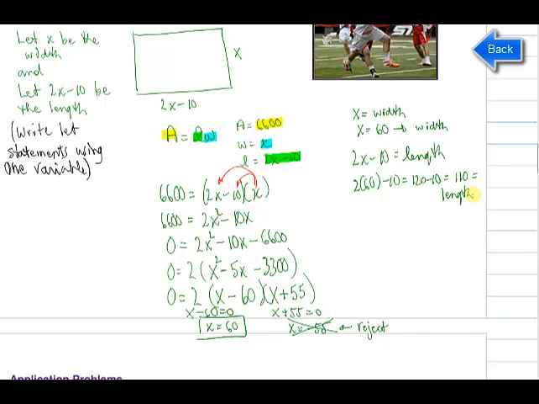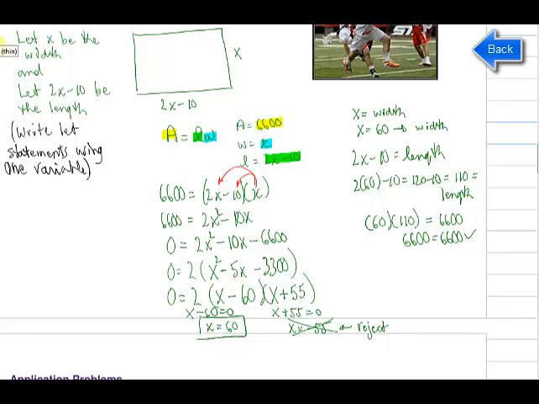Okay, let's check if this is right. In other words, if I go length times width, do I get 6,600? Okay, so 60 times 110, that gives me 6,600. So am I right? Yes, I am. My left side equals my right side.